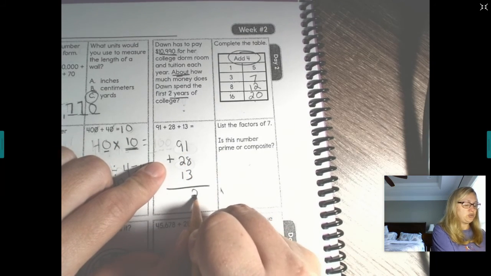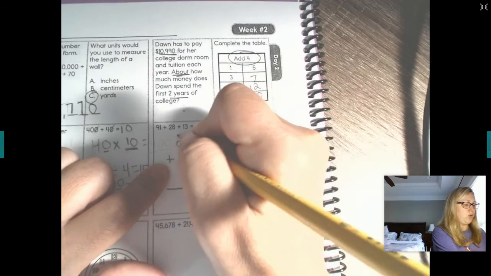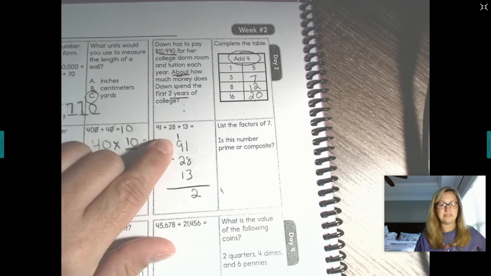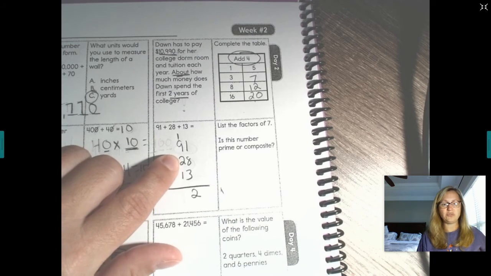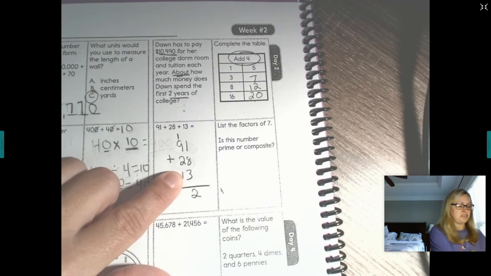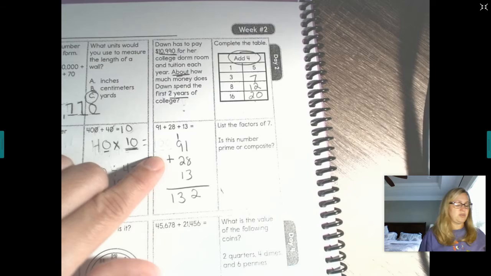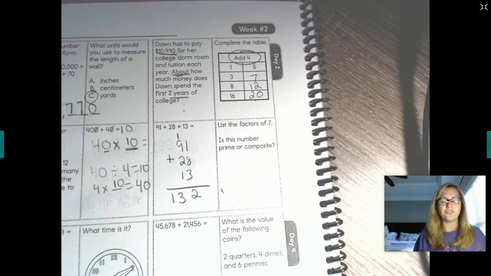So you put the 2 in the ones place and carry your 1 to the tens place. 1 plus 9 is 10. 10 plus 2 is 12. And 12 plus 1 is 13. So our answer is 132.